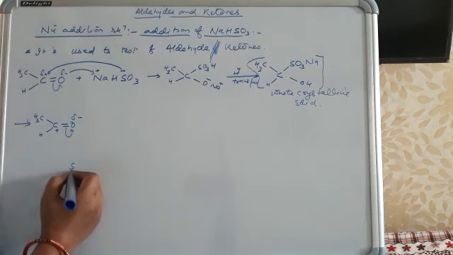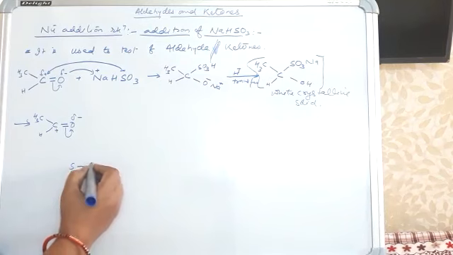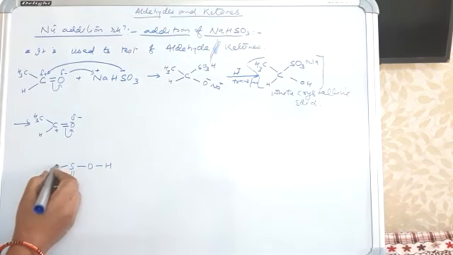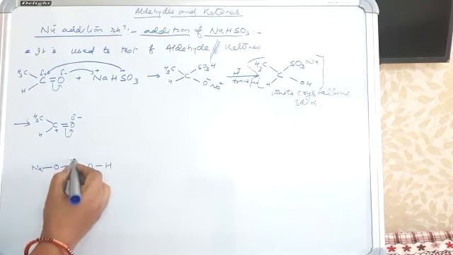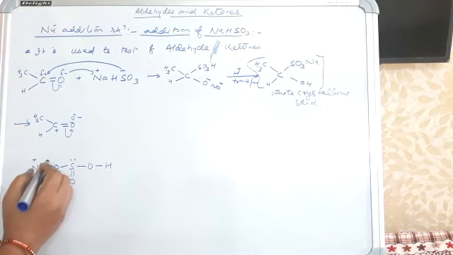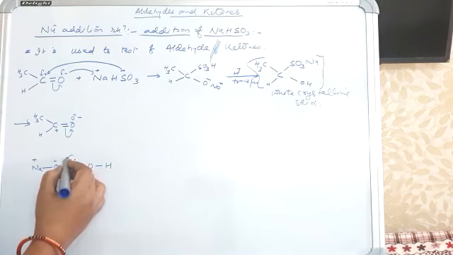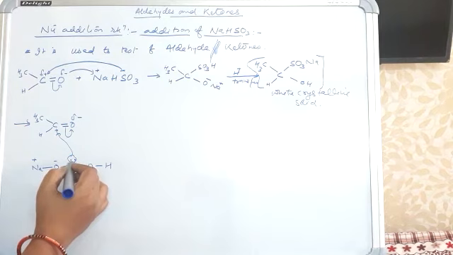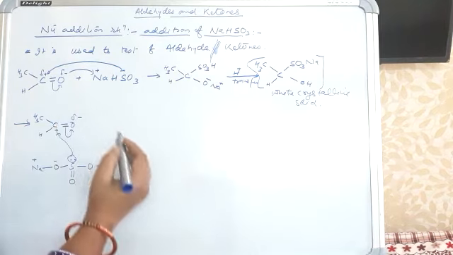Sulfur at first attached with oxygen doubly bonded, one oxygen attached with hydrogen, one oxygen attached with sodium, and one lone pair remains here. Sodium acquires positive charge and oxygen acquires negative charge. So attachment of sulfur takes place, means the lone pair on the sulfur goes towards the electrophilic center of carbon.